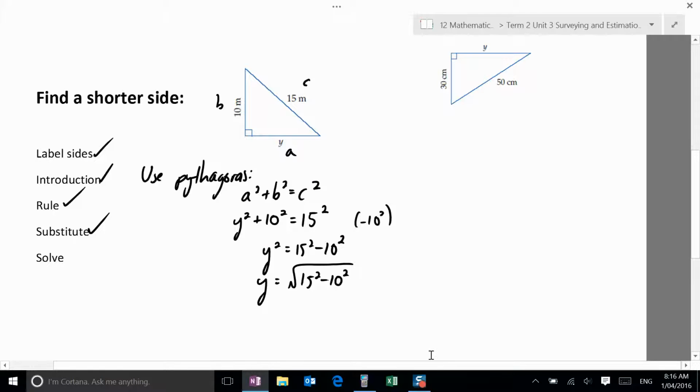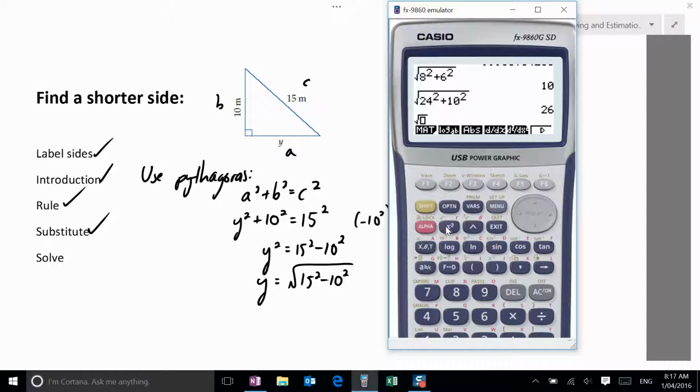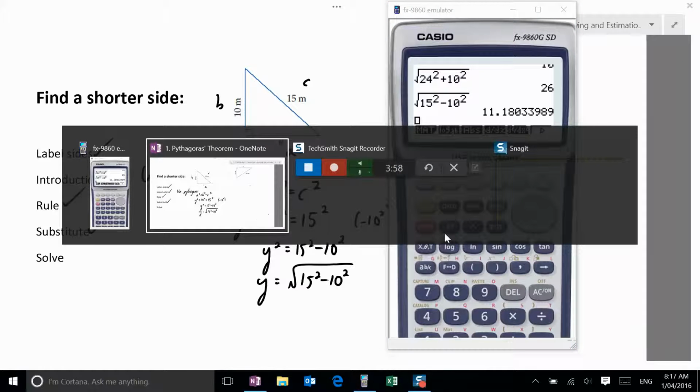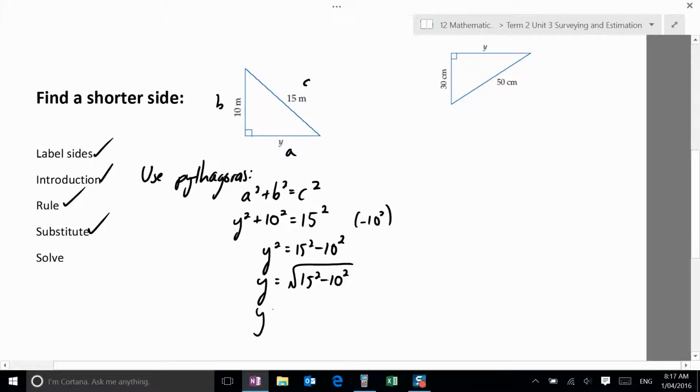From here, off to the calculator, square root of 15 squared minus 10 squared, 11.18. Typically round to 2 decimal places. Here we've got units, 11.18 meters.